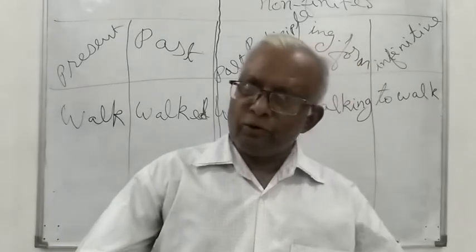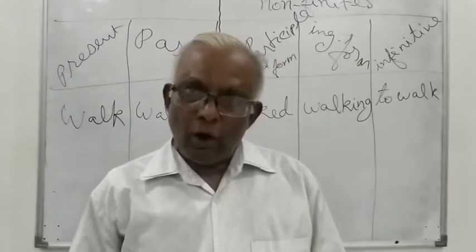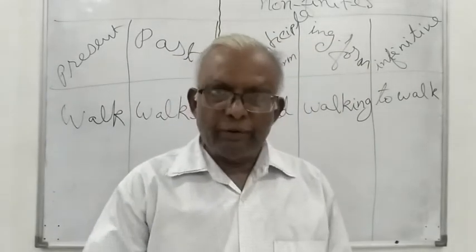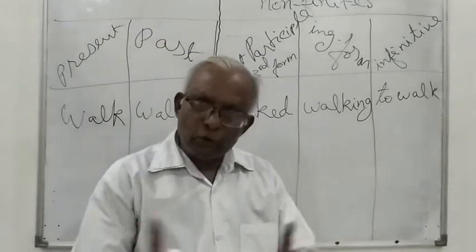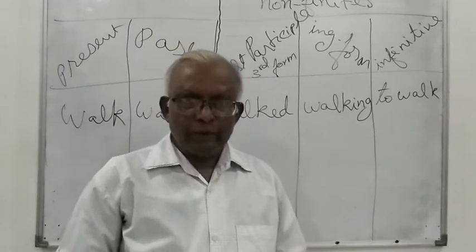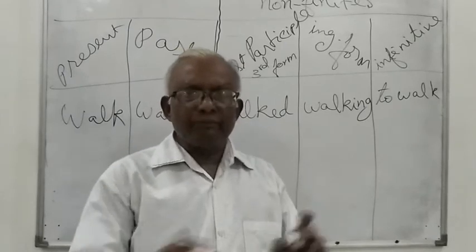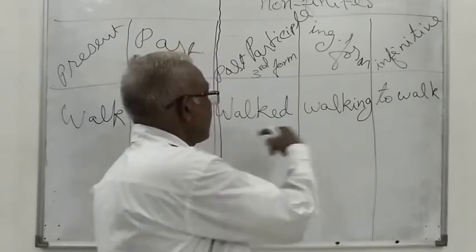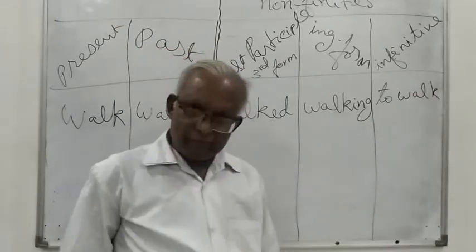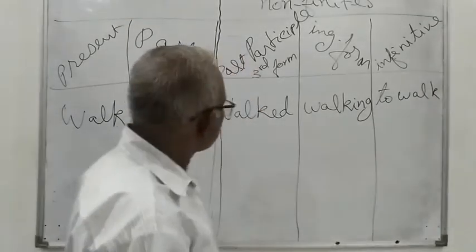The details about them we shall see later. All that you need to remember now is that they by themselves don't tell you the time. To give you the time of that action in any given sentence, you need a helping verb to go along with it. Let me give an example.